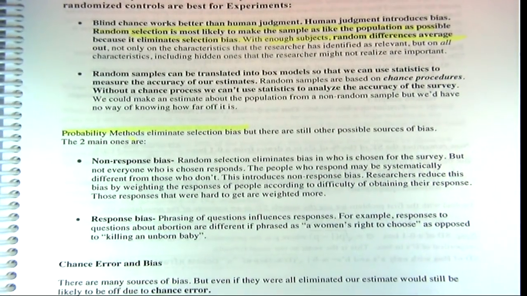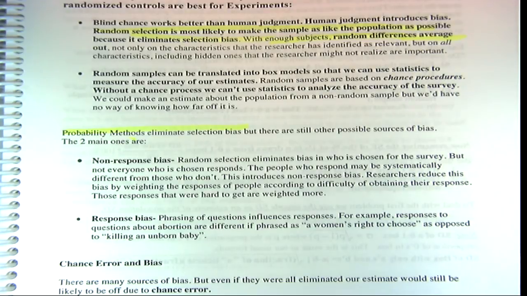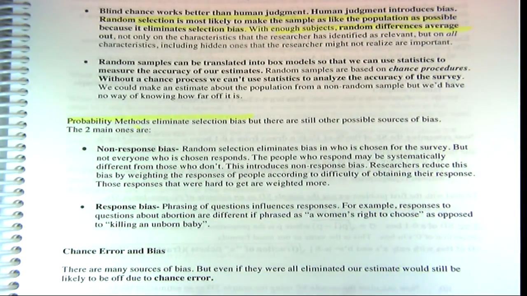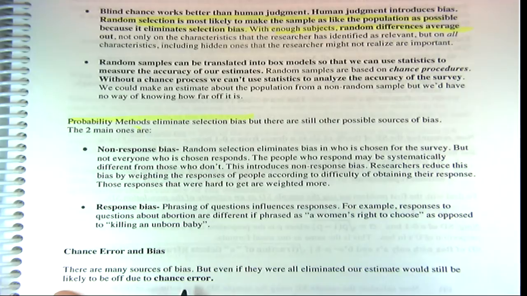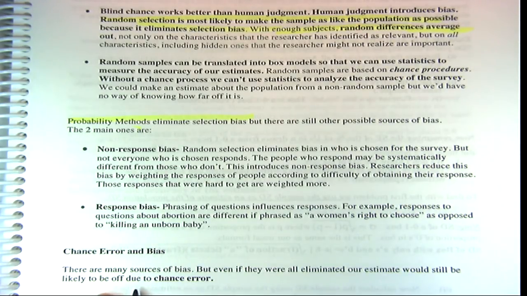And so this is the basic idea, that there are lots of sources of bias, right? But even if they were all eliminated, our estimate would still be likely to be off due to chance error.